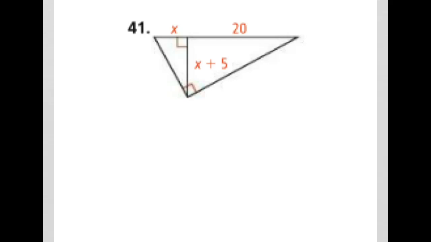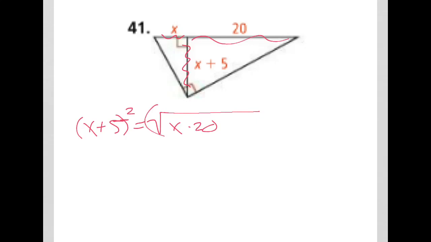Alright, last problem here. Let's go ahead and see how we need to set this up. Well, we know that this bit right there, so that x plus 5, is going to be the geometric mean, which means the square root of the product of that bit, x, times that bit, 20. So, just like before, we're going to need to square both sides to get x squared plus 10x plus 25 equals 20x.